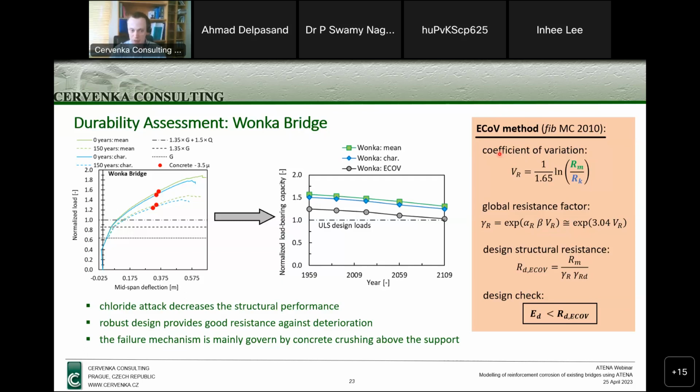and this log normal distribution can be described by two values. One is the mean load-bearing capacity, and one is the characteristic.